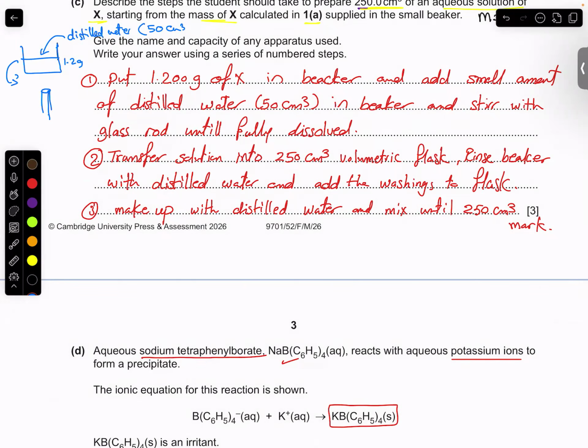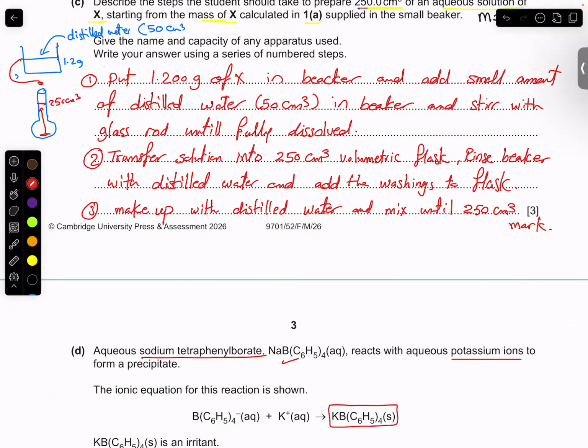Wash the beaker again with water and transfer the washings. Then make up the volumetric flask to the mark, which is 250 cm³.